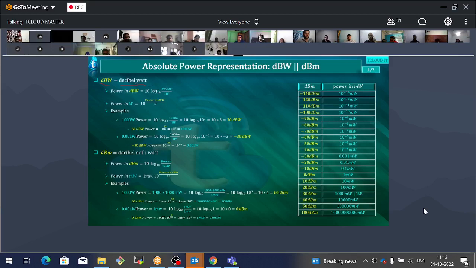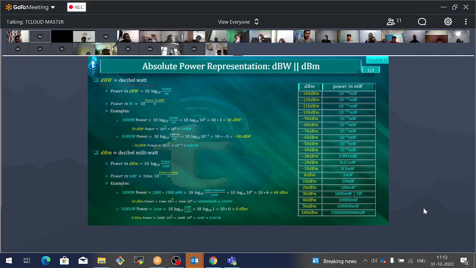Now, what is the difference between a watt and a decibel watt? Decibel watt is a logarithmic representation of a watt. For example, if you have any power value and want to represent it in decibel watt, you have to do it like this.